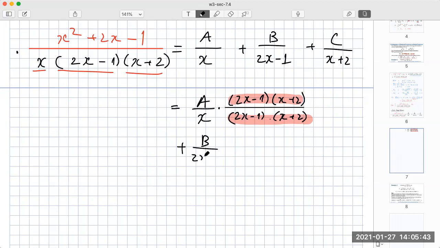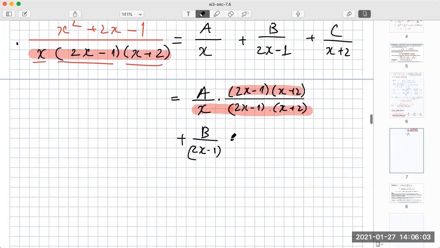B over 2x minus 1. But now, in this case, we have the same denominator with the left-hand side here, right? So that later we can compare the two fractions, okay? But here, B, what should we multiply here? Very good. We just multiply with the other two denominators.